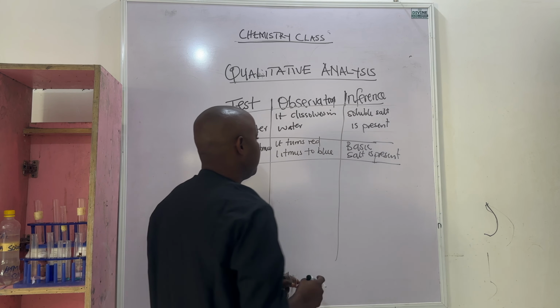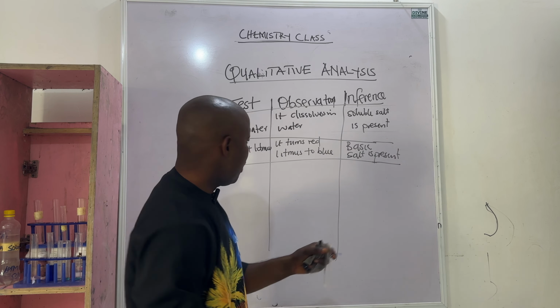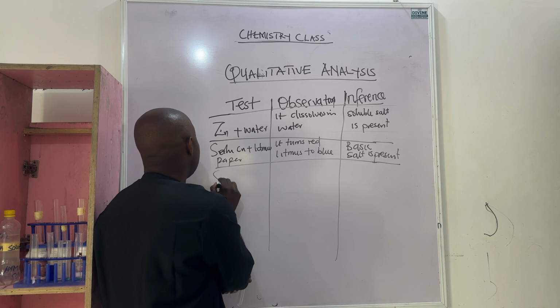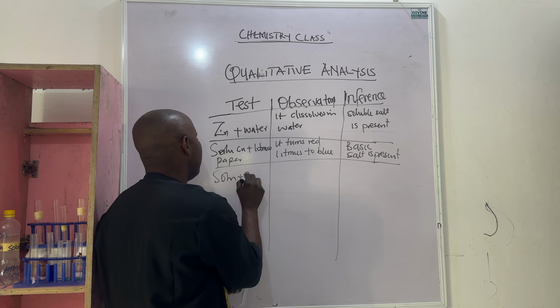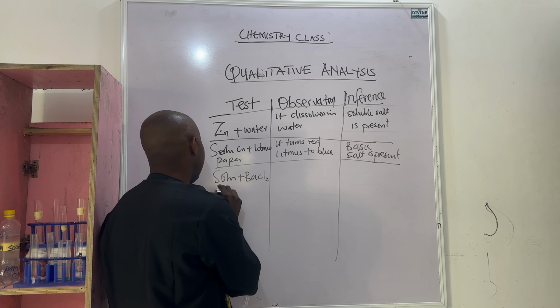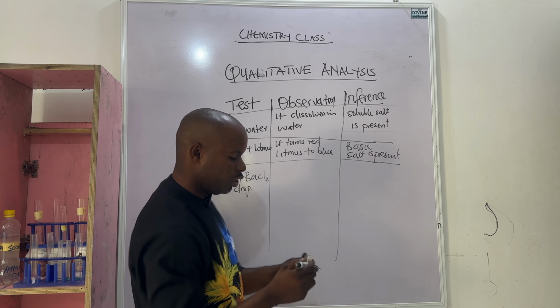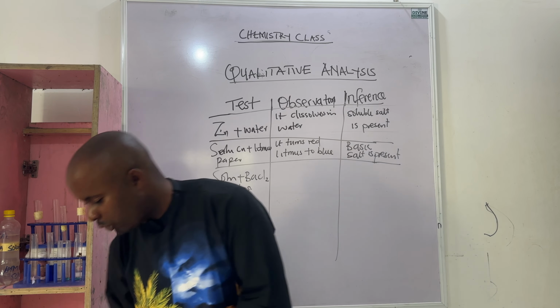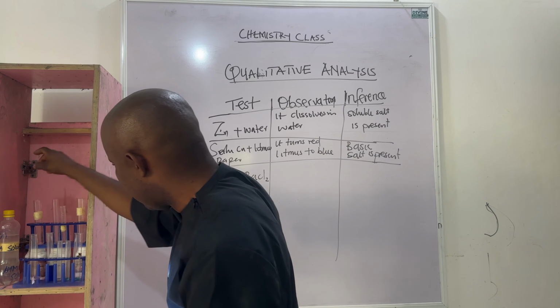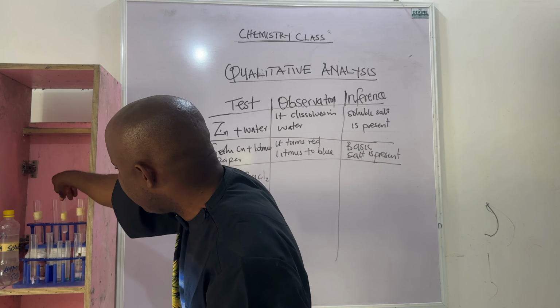To one, we should say solution Cn plus barium chloride in drops. So what did you observe? Each of these reagents will be provided to you. I have a reagent here known as barium chloride.